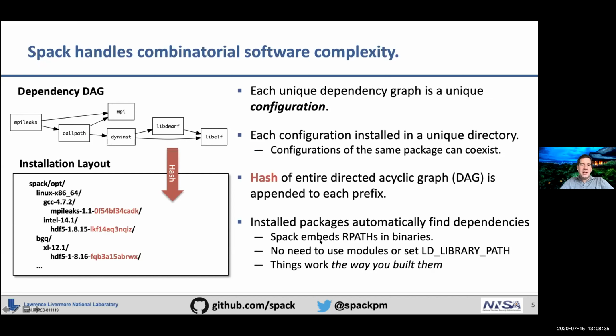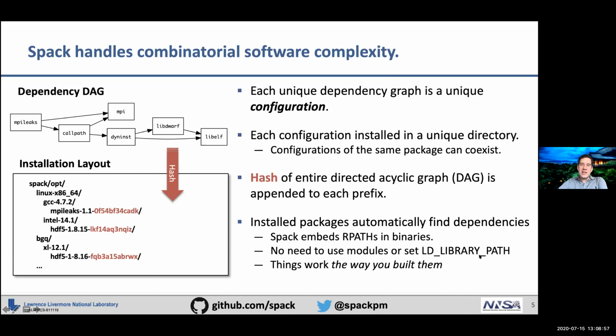We manage the dependencies by embedding RPaths into binaries. So if you were to run the MPI leaks tool out of here, it would know where the libraries for all these other things are, because we embedded that in the executable and in the libraries. And that basically enables you to have lots and lots of different versions that can coexist with each other, because each one knows which specific directory in here its dependencies correspond to.